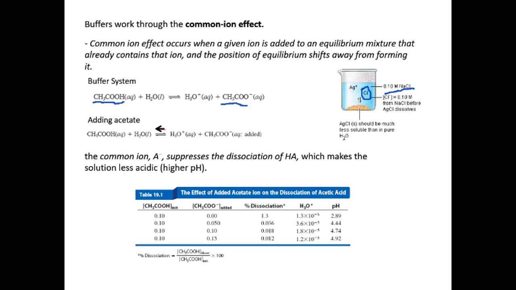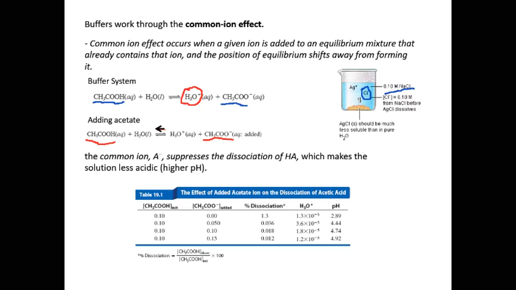So we're mainly focusing on the hydronium ion in it. So if we add more acetate, it's going to shift to make more acetic acid to maintain this equilibrium.